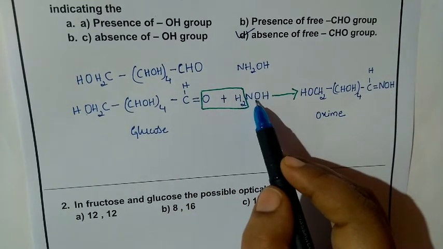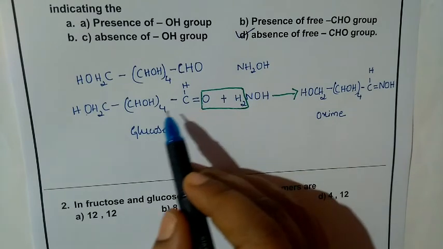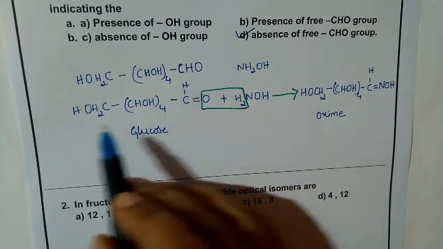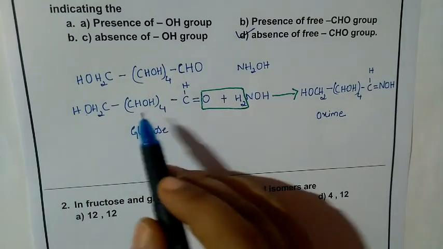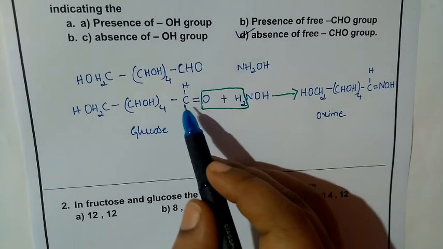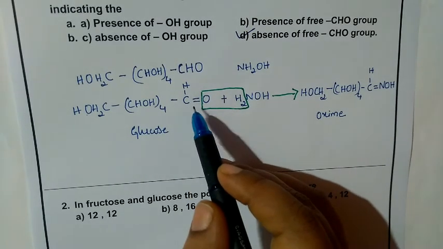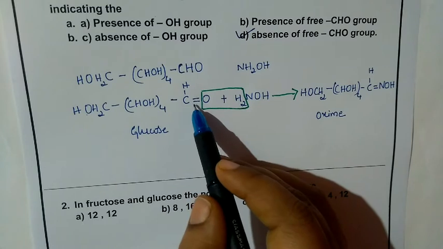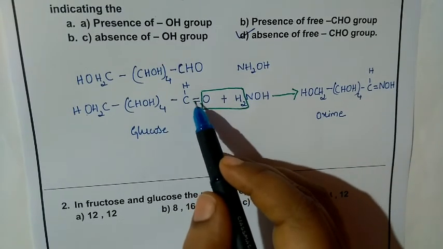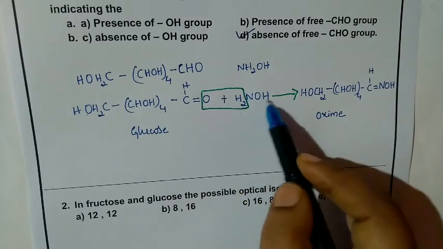If hydroxylamine is not reacting with a particular compound, it means the compound has OH groups, but the aldehydic group is not free. It may be involved in hemiacetal formation, so it is not reacting with hydroxylamine.